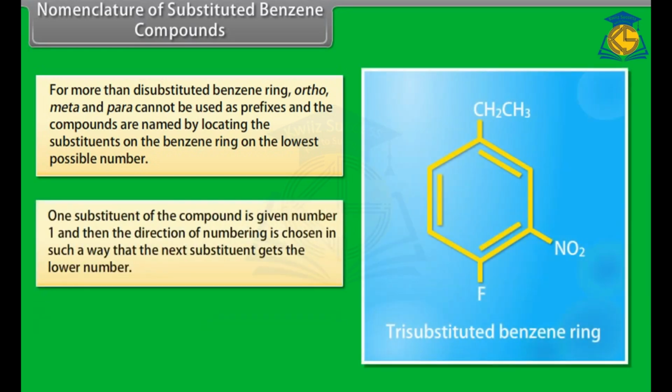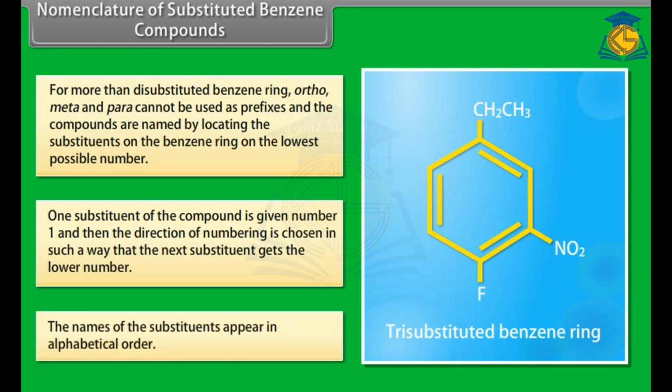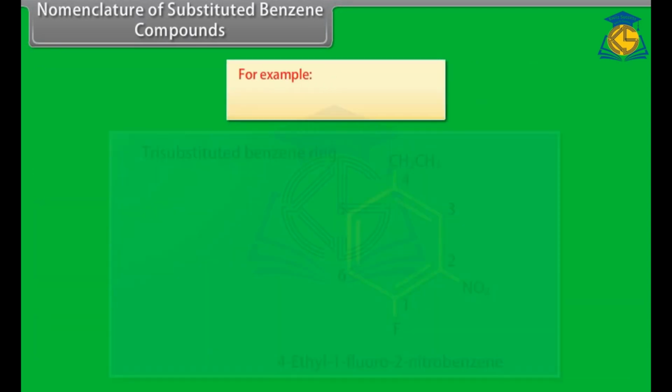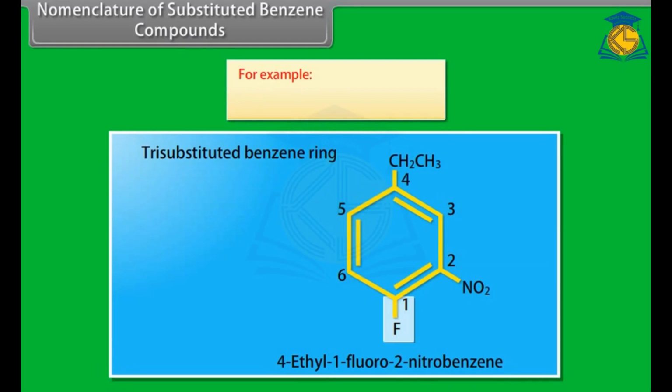One substituent of the compound is given number 1, and then the direction of numbering is chosen in such a way that the next substituent gets the lower number. The names of the substituents appear in alphabetical order. For example, we assign number 1 to fluorine so that nitro gets 2 and ethyl gets 4.